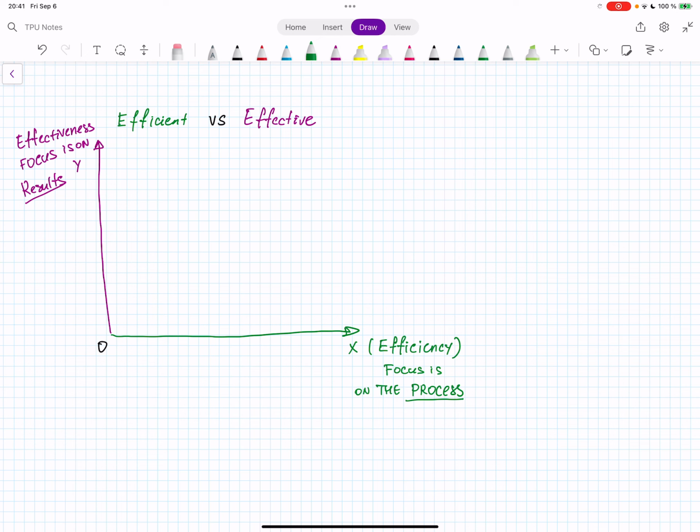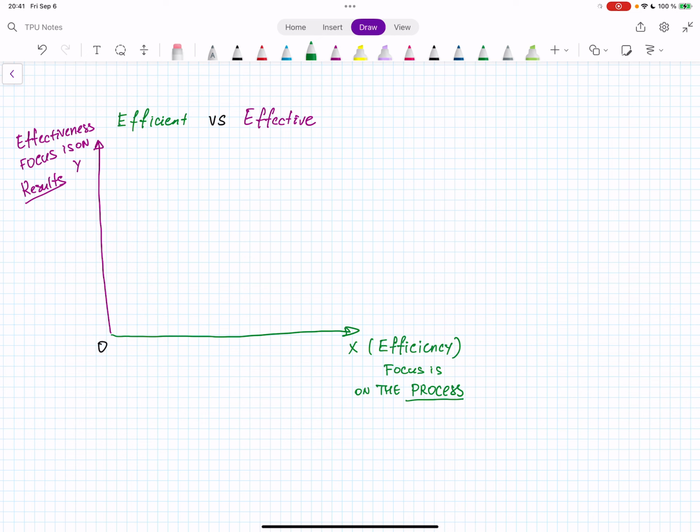Okay. So let's say you are doing the dishes in the kitchen at home. And if you want to focus on efficiency, you pay attention more to the process of washing.